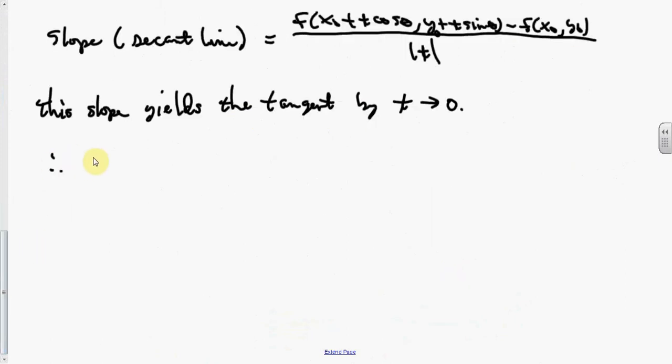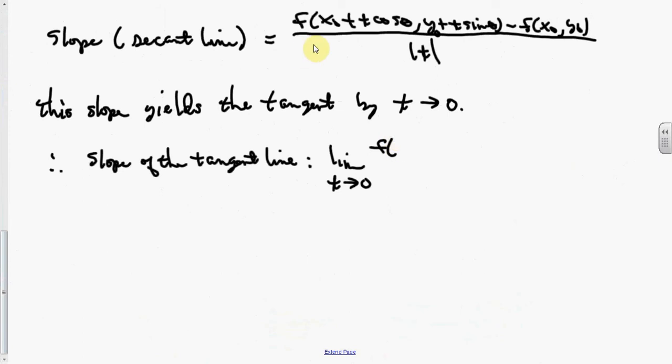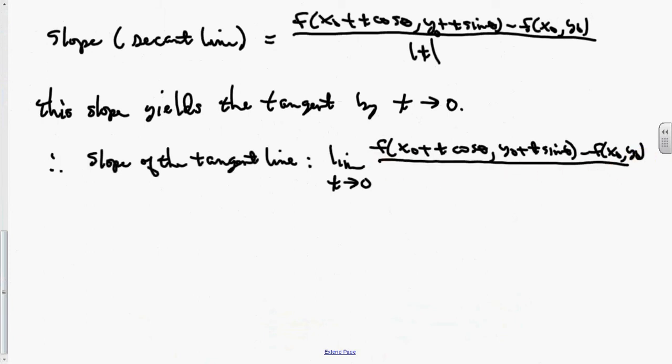So thus we have this slope of the tangent line is the limit as t goes to 0 of f of x naught plus t cosine theta, comma, y naught plus t sine theta, minus f of x naught, y naught, all over t.